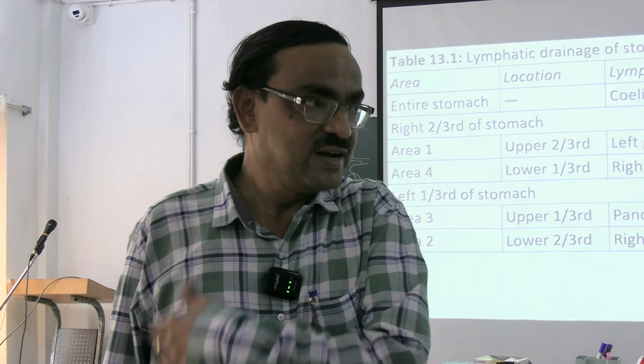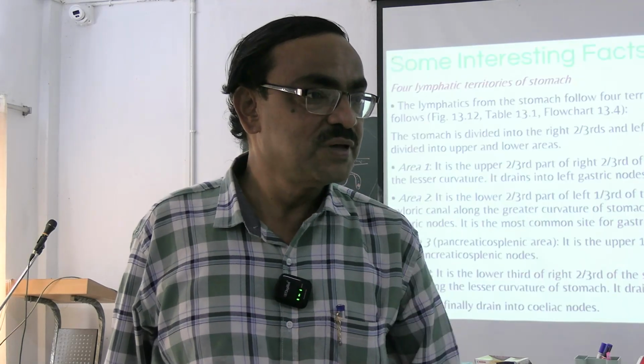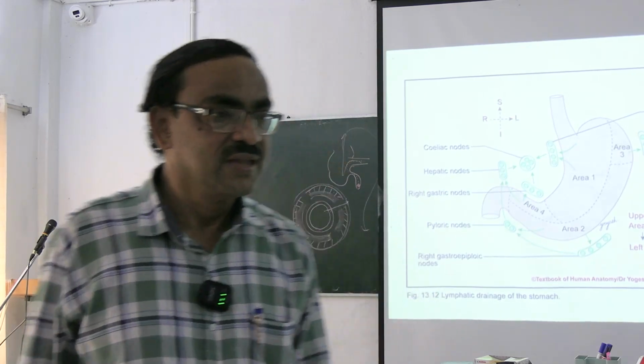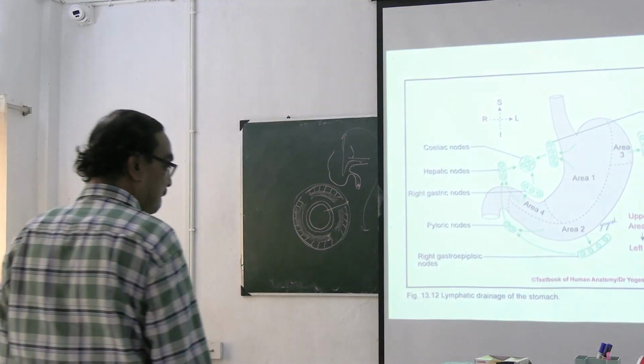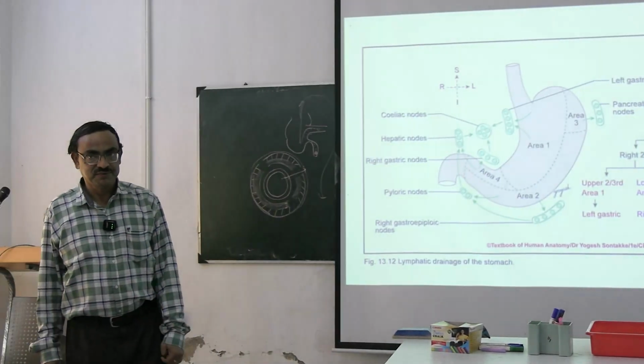Except the right part of the head and neck, right part of the thorax, right surface of the liver, and right upper limb, which are drained by the right lymphatic duct of the body.